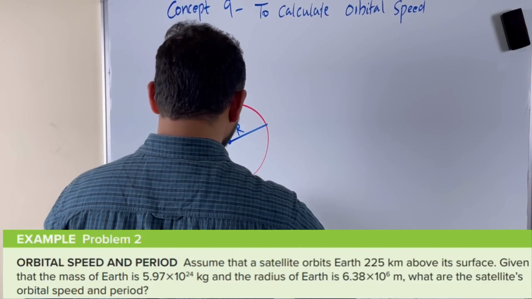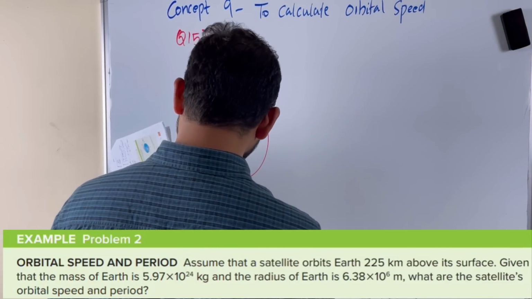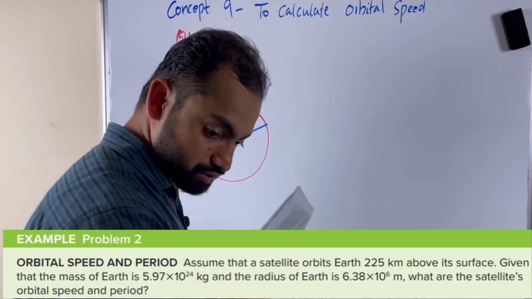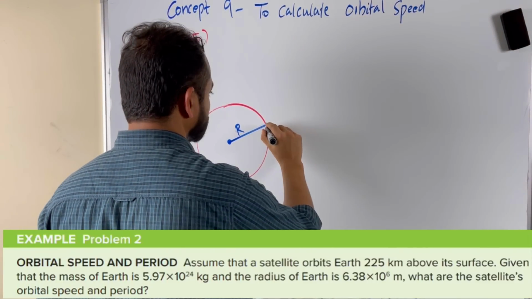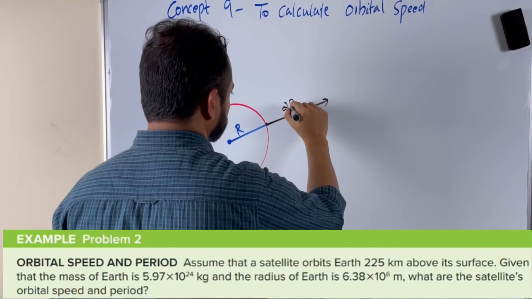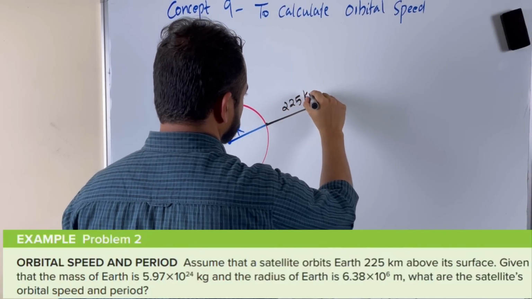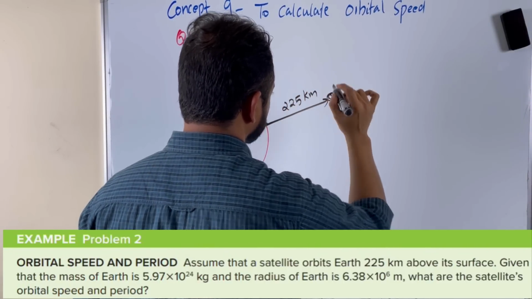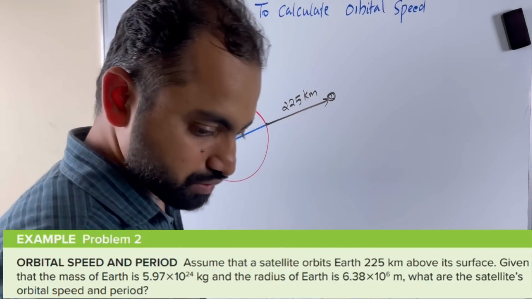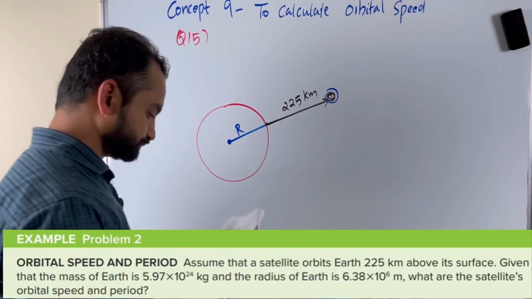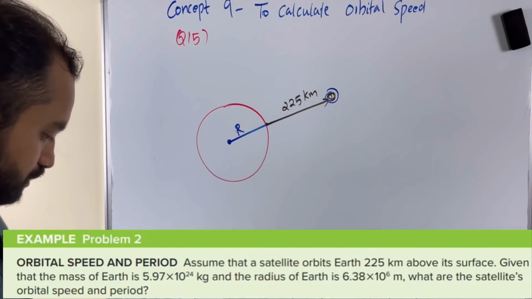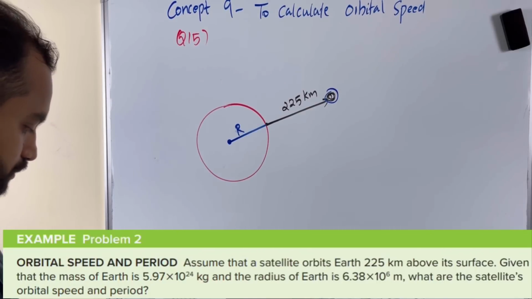The satellite is not on the surface, right? Satellite is at a height of 225 km above the surface of the Earth. So this is our satellite, here, 225 km above the surface.